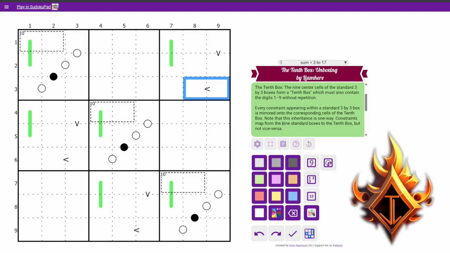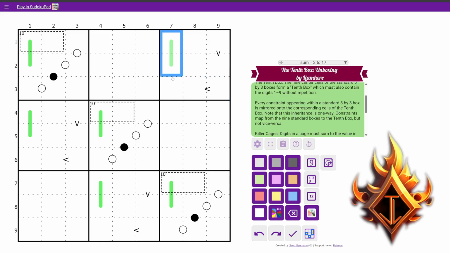Let me reread this one. Every constraint appearing within a standard 3 by 3 box is mirrored onto the corresponding cells of the 10th box. One, two, three, four, five, six, seven, eight. I'm not quite sure what that means.